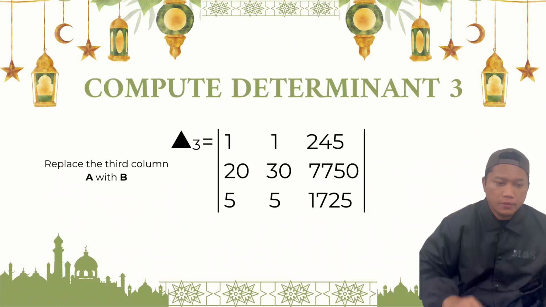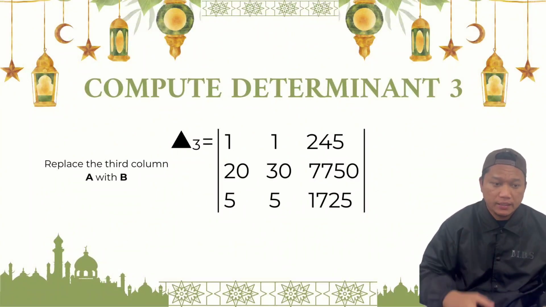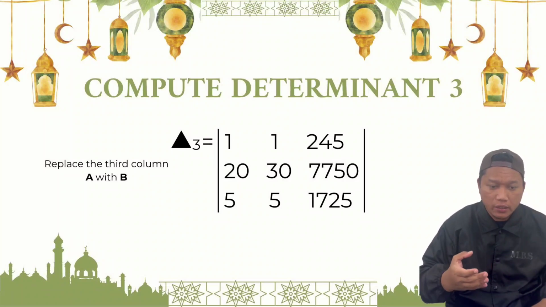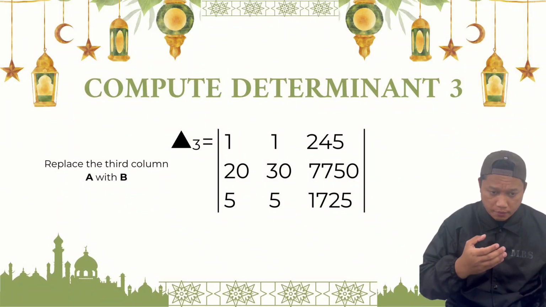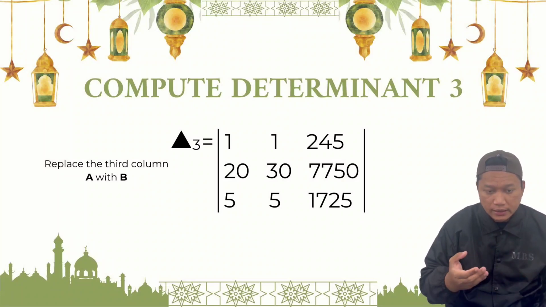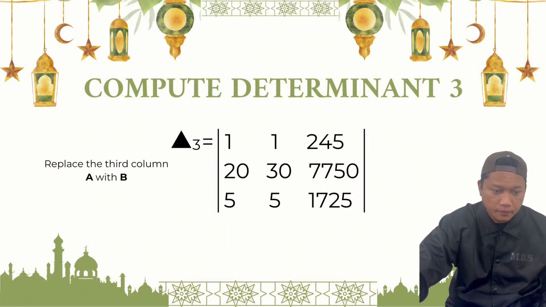In step 5, we compute determinant 3. To compute determinant 3, we replace the third column of matrix A with matrix B. Determinant 3 equals [1, 1, 245; 20, 30, 7,750; 5, 5, 1,725].